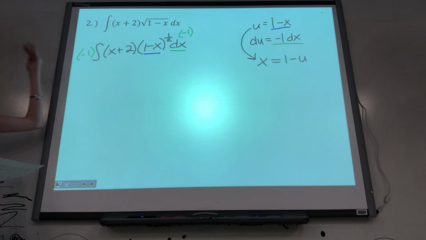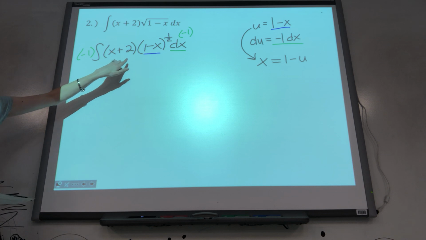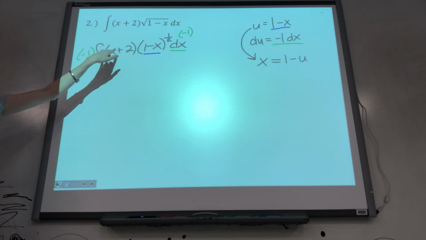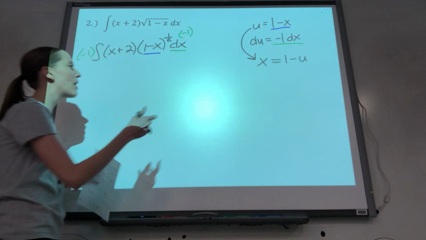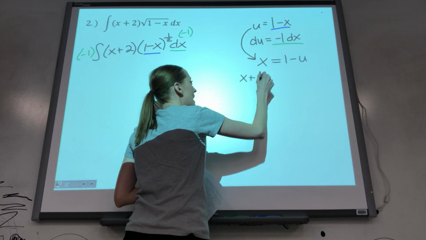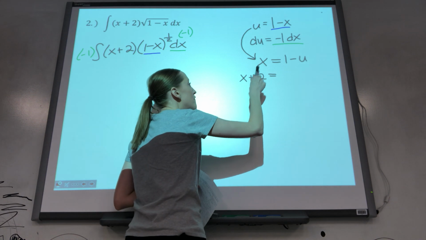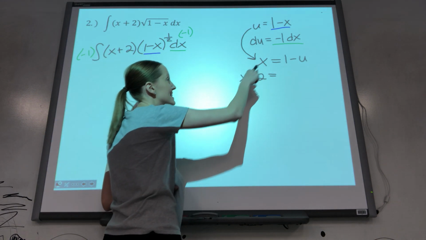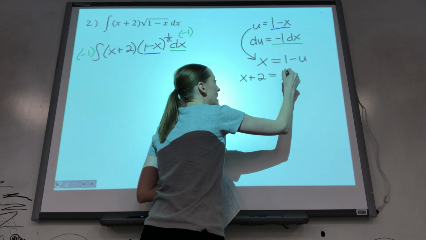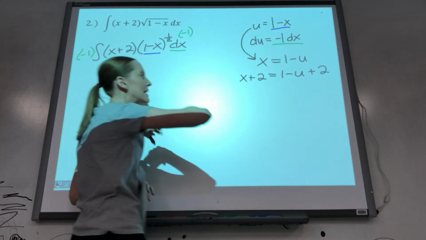Now the difference between example 1 and example 2 is that it's not just x right here, it's x plus 2. So you can handle that however you want to, but I kind of like to just go back to this equation, and if I need x plus 2 instead of just x, then why don't I just add 2 to both sides of that equation?